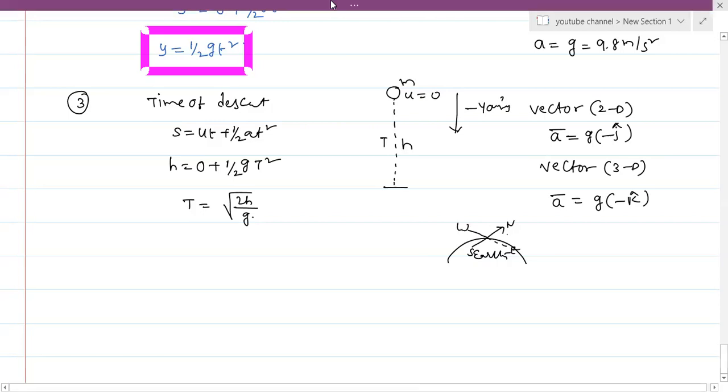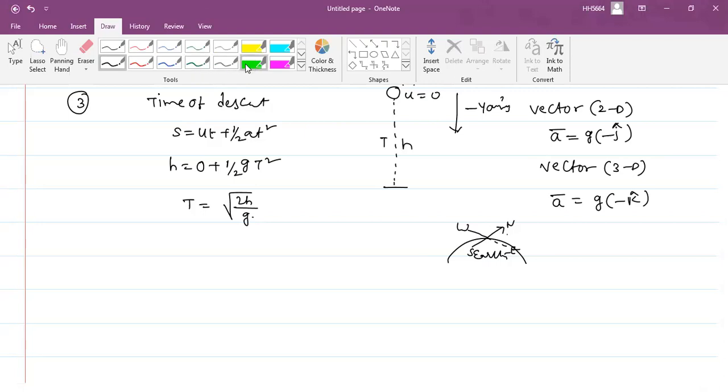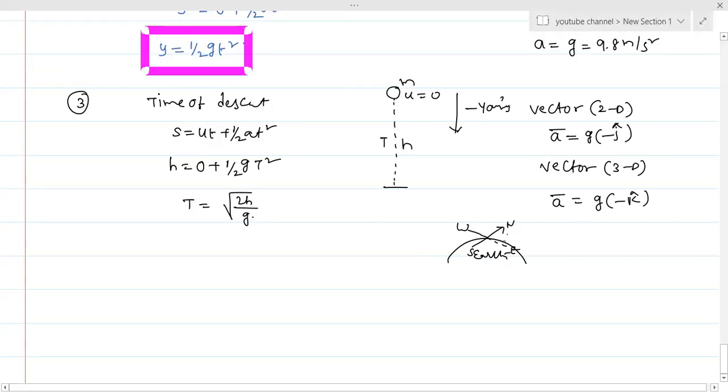Suppose you take the direction along the east as i cap, and the body is moving along the y-axis north, so we will take j cap. Both are laid on the surface.